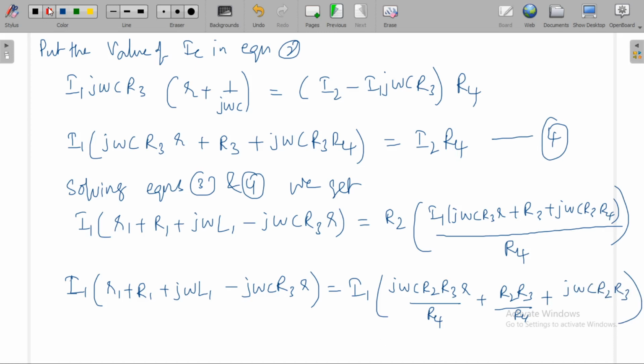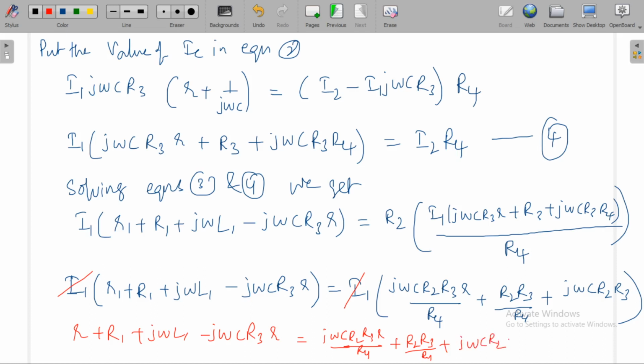Now both will get cancelled. Then you are going to get R plus R1 plus j omega L1 minus j omega c R3 R, which is equal to j omega c R2 R3 R by R4 plus R2 R3 by R4 plus j omega c R2 R3.